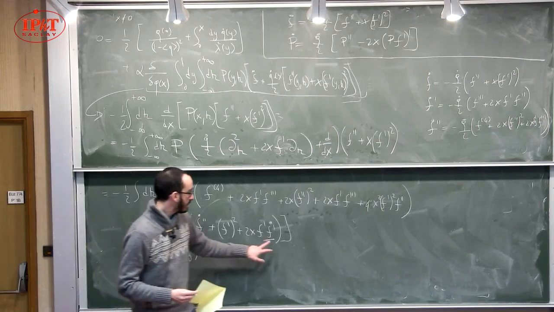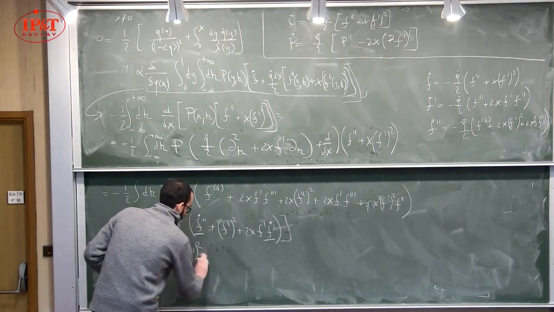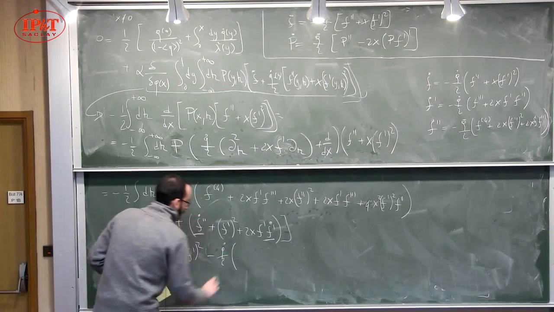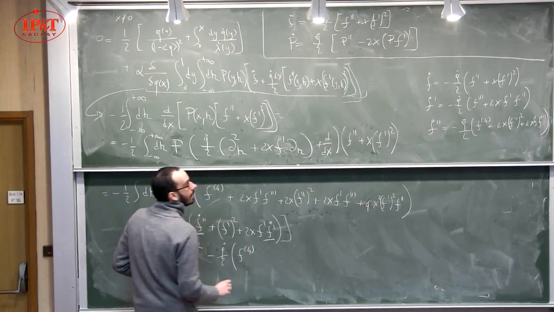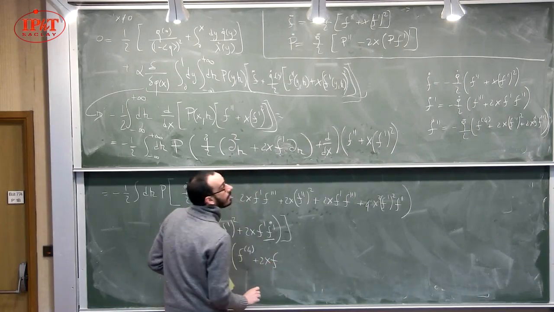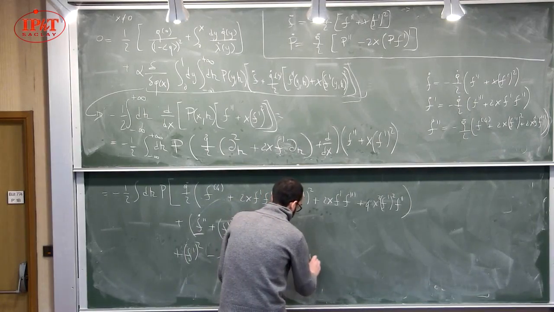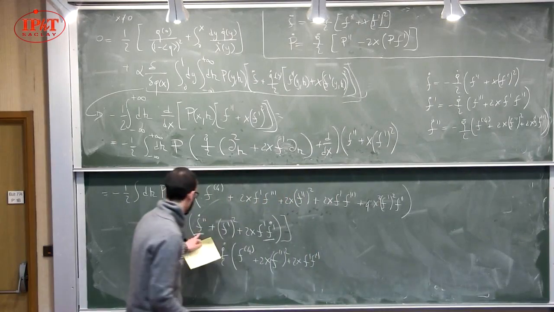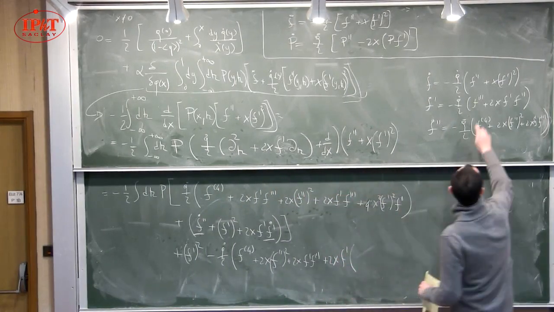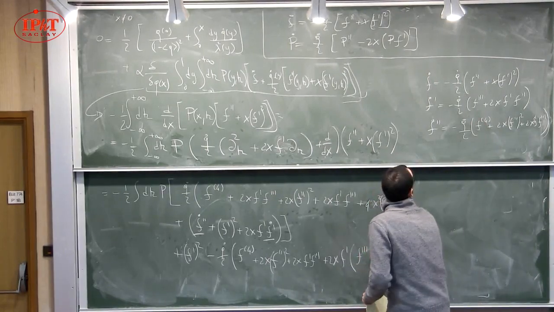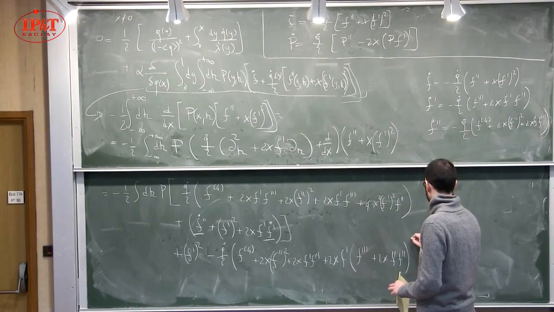And now these two terms are proportional to minus q dot over 2. So it's minus q dot over 2. And then we have the full derivative plus 2x f second squared plus 2x prime third. And this is this term. And then we have this term. So it's plus 2x f prime. Then we have this. So it's f third plus 2x prime f third. And that's what we should close this.